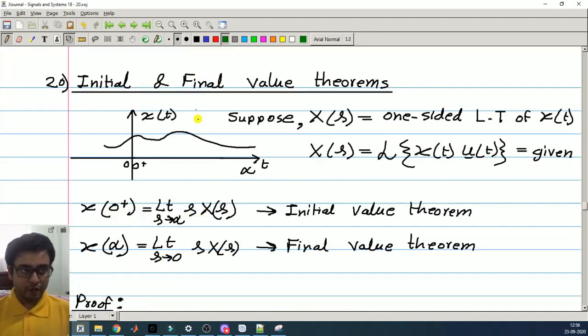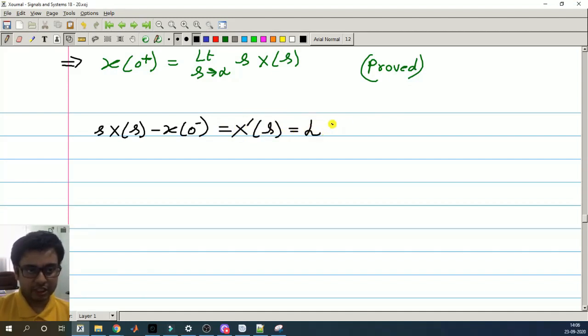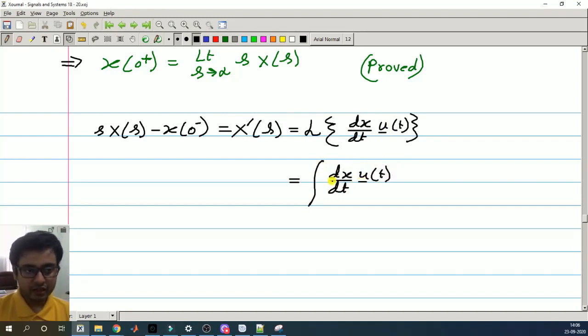Now let's prove the final value theorem. For that, let me start from s capital Xs minus small x 0 minus, which is equal to the Laplace transform of dx dt multiplied with u, that is the one-sided Laplace transform, and this is equal to, by definition, the integration of this product dx dt and u multiplied with e to the power minus st dt, t from minus infinity to plus infinity.